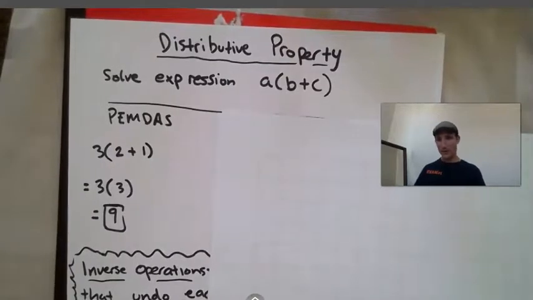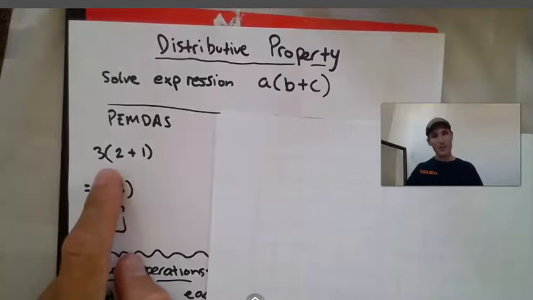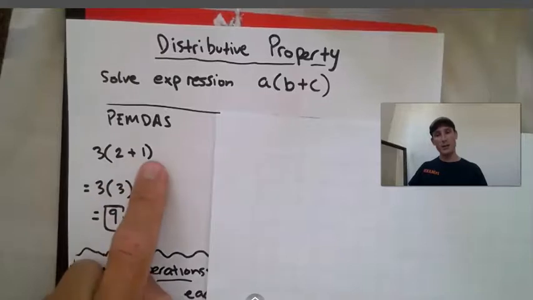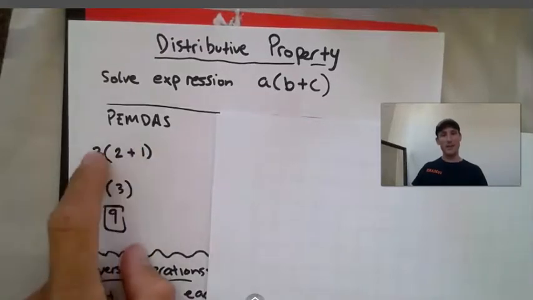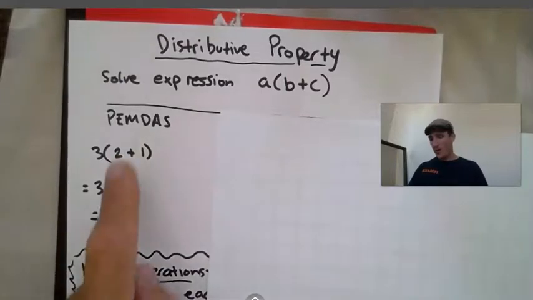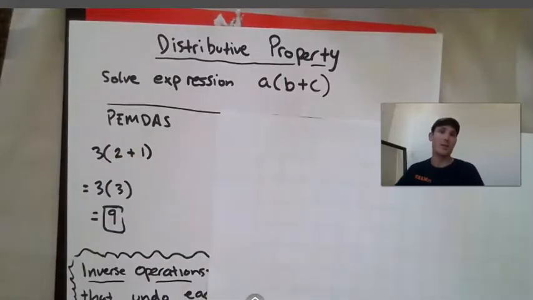So if we were going to look at this same format, 3 parentheses 2 plus 1. How could we simplify that expression? Well, if you remember PEMDAS from maybe 5th, 6th, 7th grade, the P stands for parentheses.